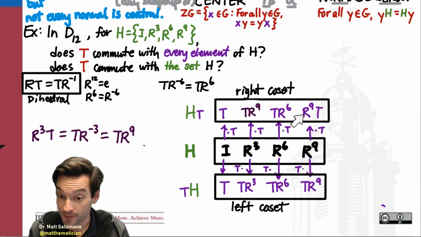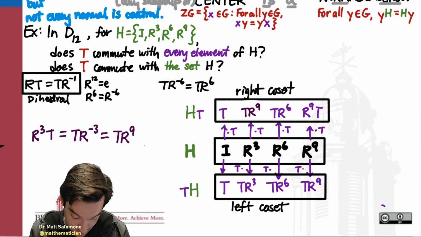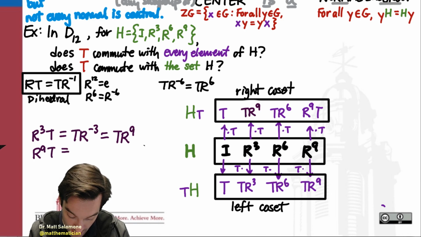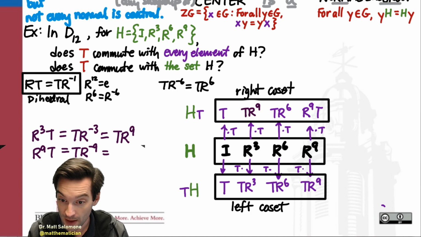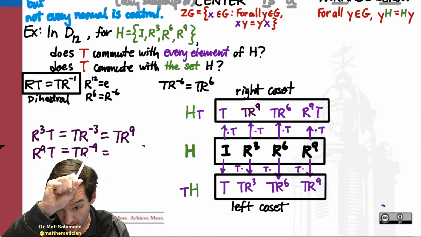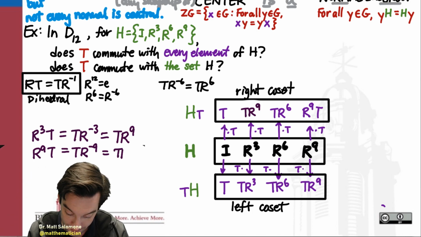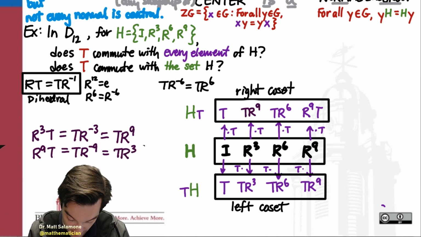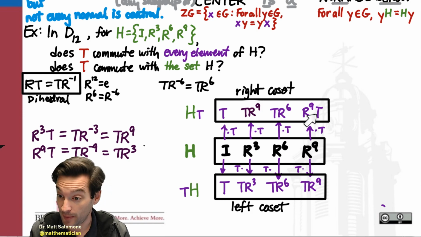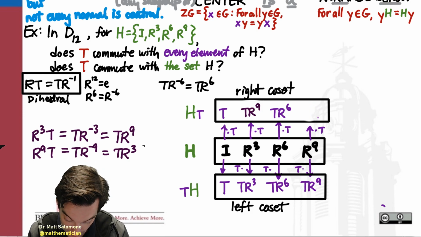And for the same reason, when I do R to the ninth times T, and I leapfrog that T past all 9 powers of that R, it makes all 9 of those R's negative powers, inverses. And then this minus 9 is congruent to a positive 3 mod 12, so we find out that this element of the right coset is really T R to the power 3.